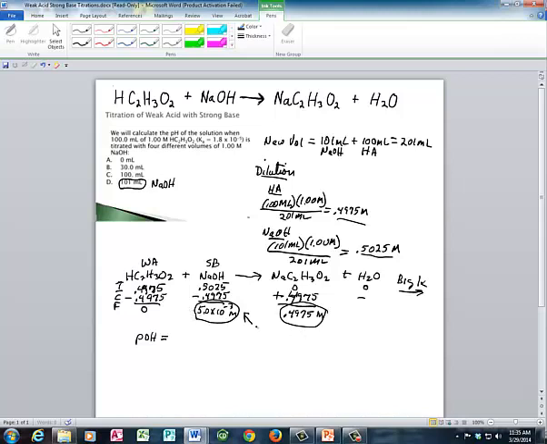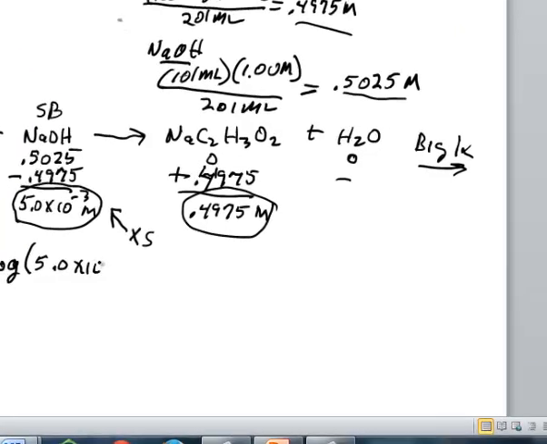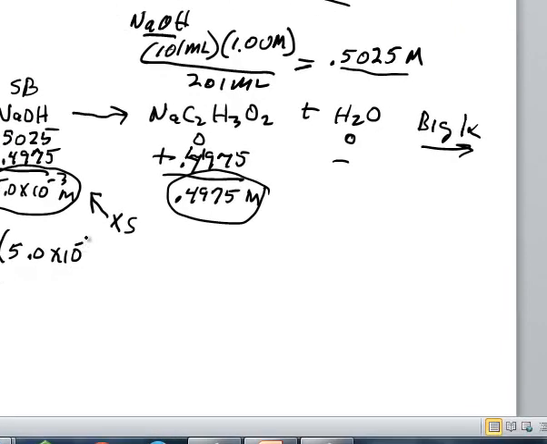So when the strong base is in excess, calculate the pOH based only on the concentration of the strong base. And I'll show you something that might help you understand exactly why that is the case in a moment. So take the negative log of 5 times 10 to the minus 3.